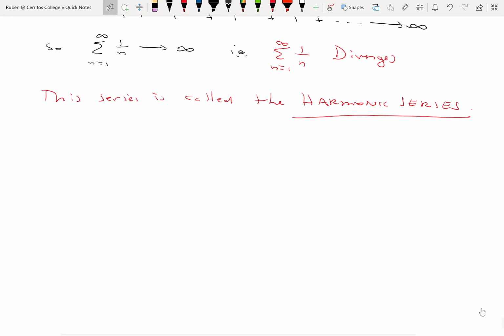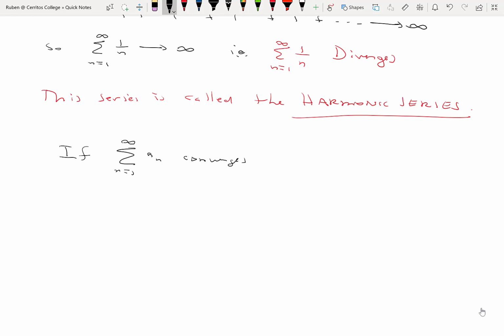Okay, now let's take a look at what must happen if a series converges. If a series, the sum, n goes from 1 to infinity of a sub n converges, then what must be happening with the individual terms in the series?